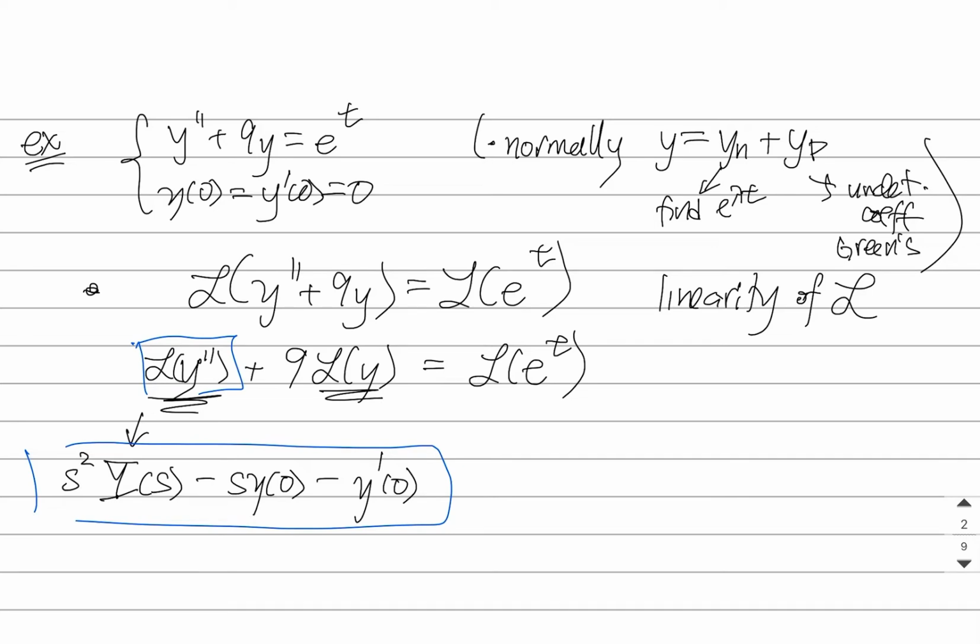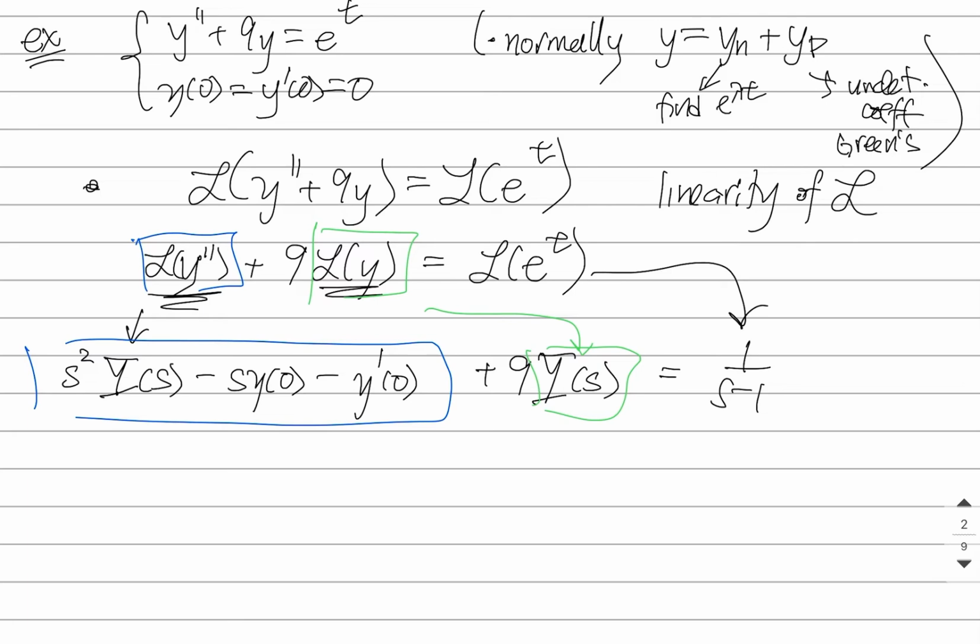The other term here is going to be 9 times the Laplace transform of the function itself, which is exactly what happens here. And last time we spoke about the Laplace transform of this exponential function, so this last term is just going to be 1 over s minus 1. Now here's the nice thing about Laplace transforms: all of the initial conditions get built in, and that comes through that derivative term.